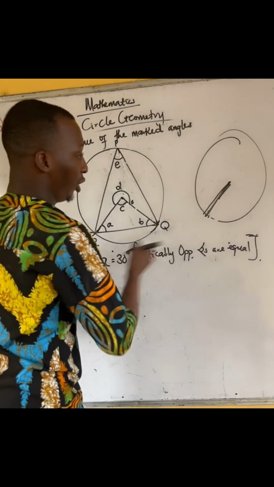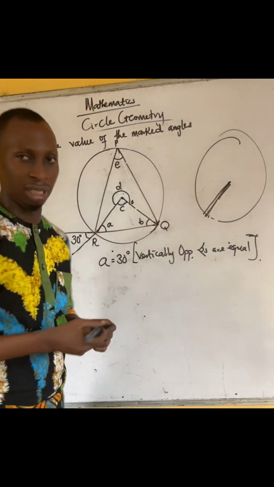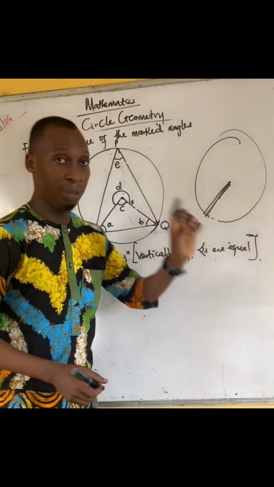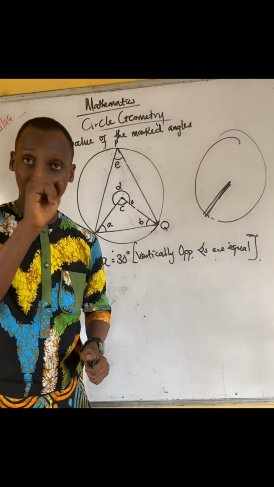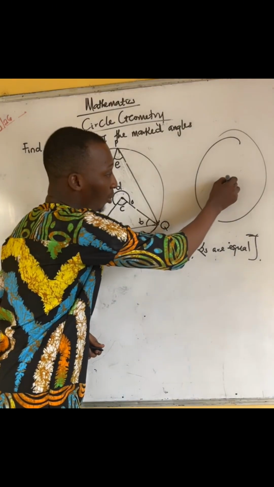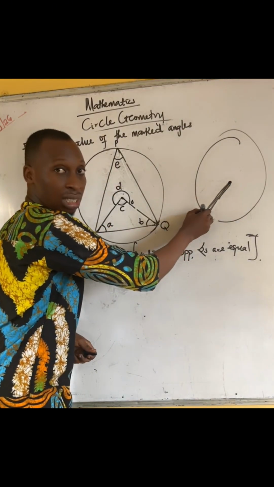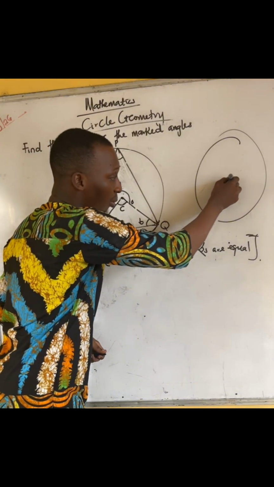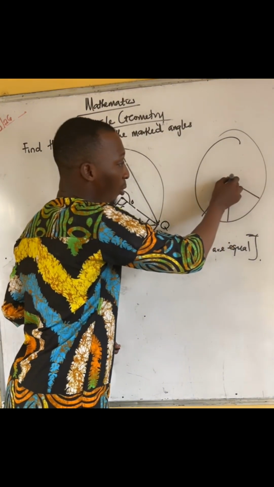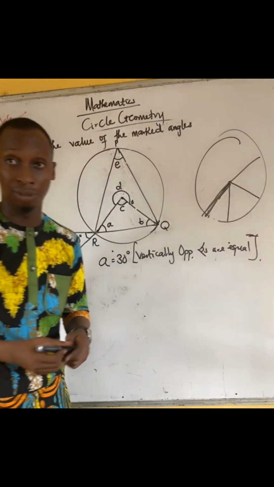Now, don't forget the definition of a circle. A circle is a plane figure equidistant to a given point. That means the distance from this center to this place is the same as the distance from this center to this place, according to the definition.